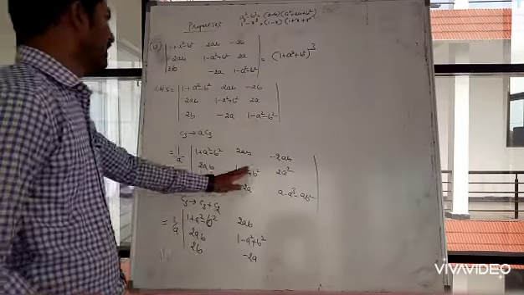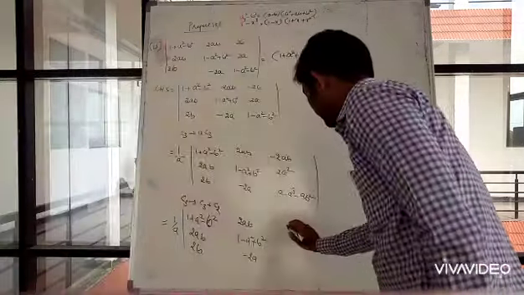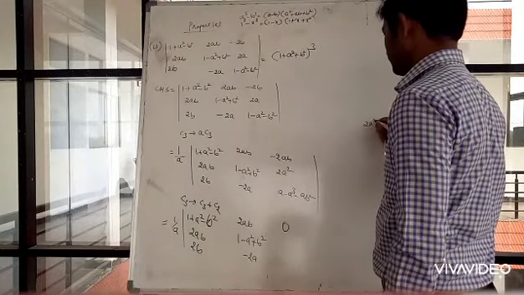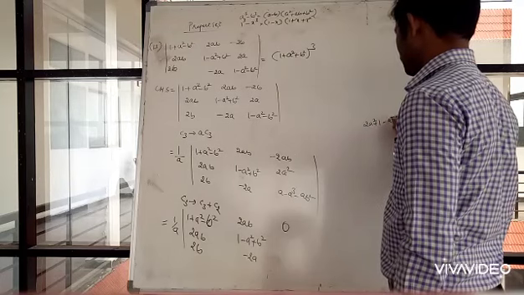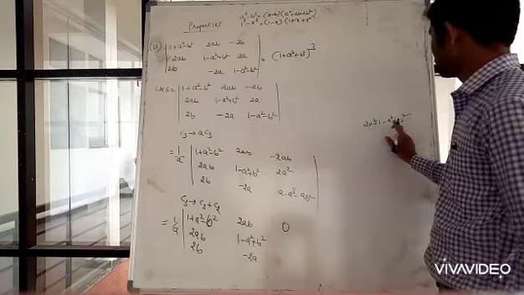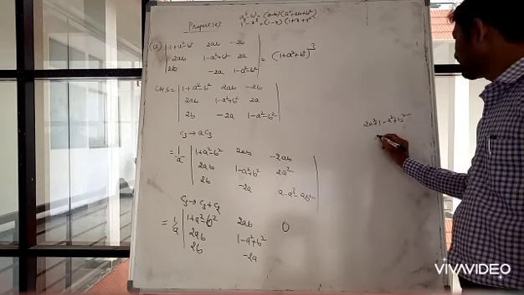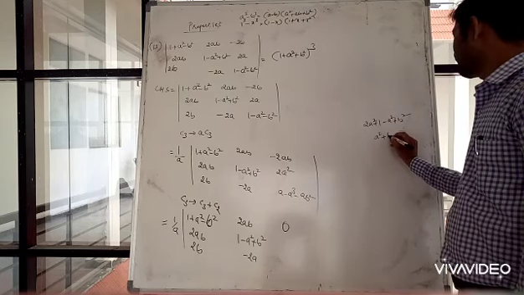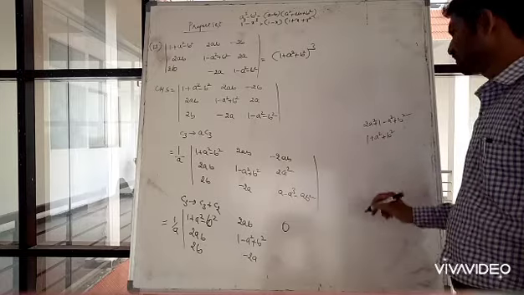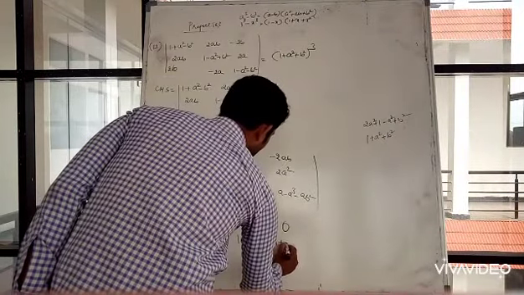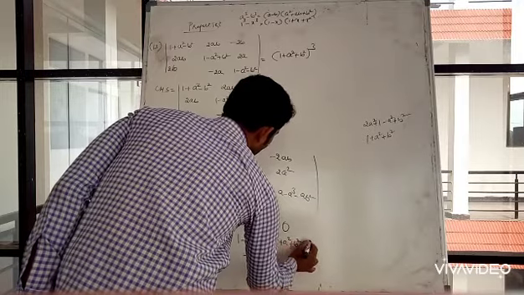Here adding minus 2ab plus 2ab we get 0. Here adding 2a square plus 1 minus a square plus b square, what we get here? 2a square minus a square means a square will come, plus b square plus 1 added. So it will be 1 plus a square plus b square we got here.